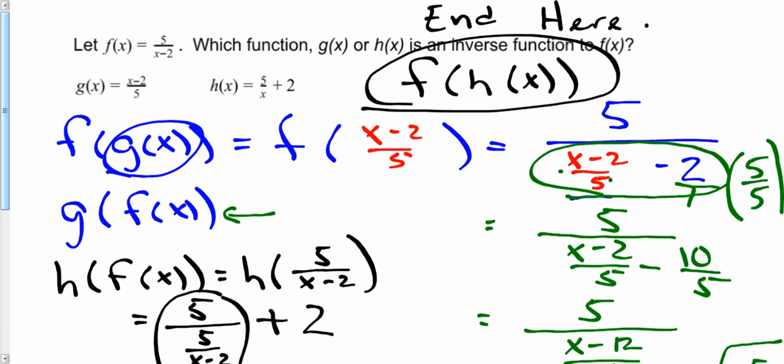Instead of having to look up and down again, f of x equals 5 over x minus 2, right? H of x equals 5 over x plus 2, right? You put h in there, right? Now, you gotta do f to this guy, right?